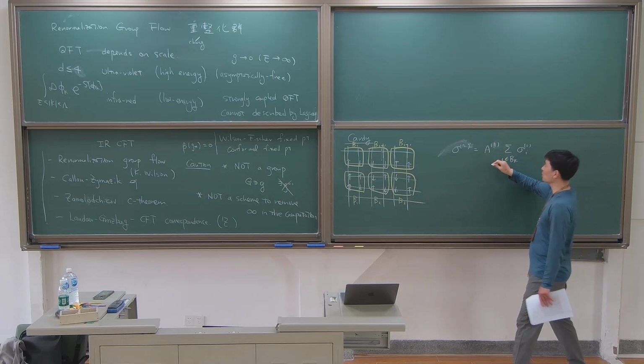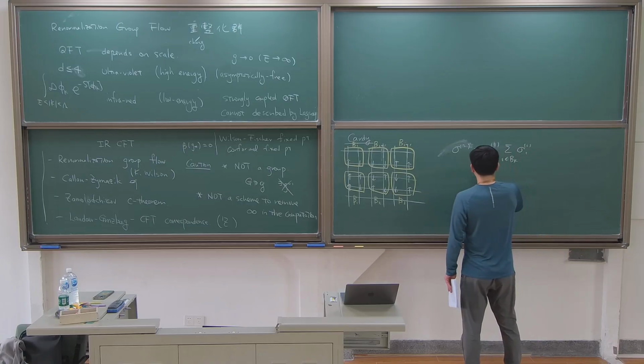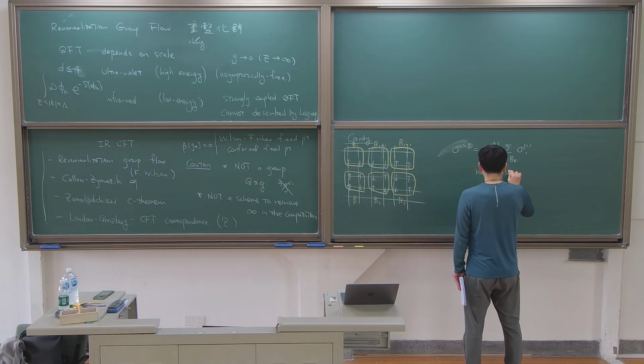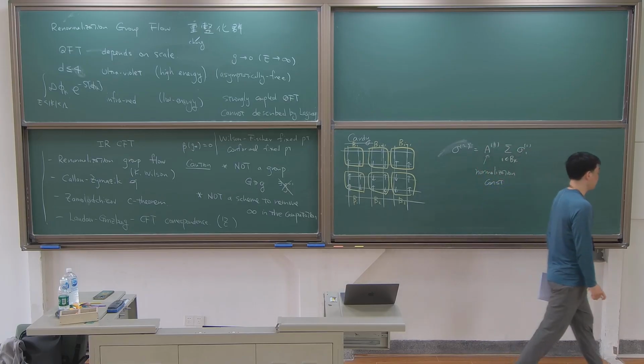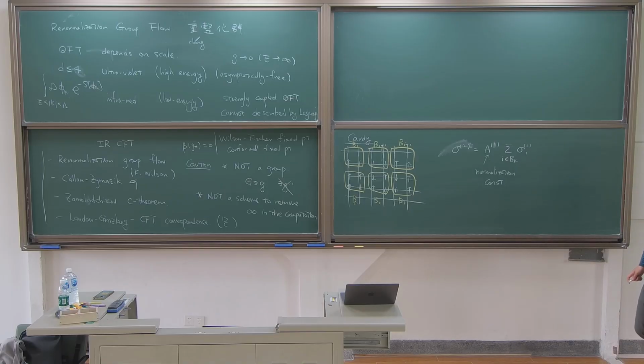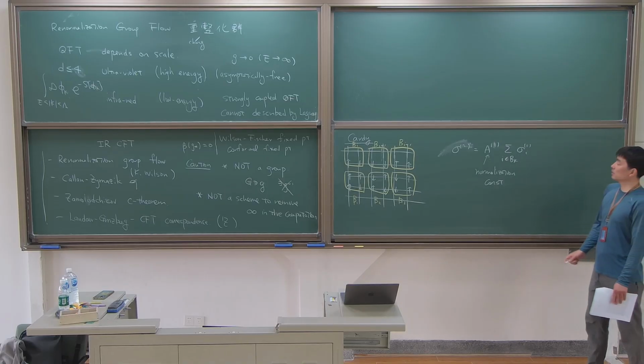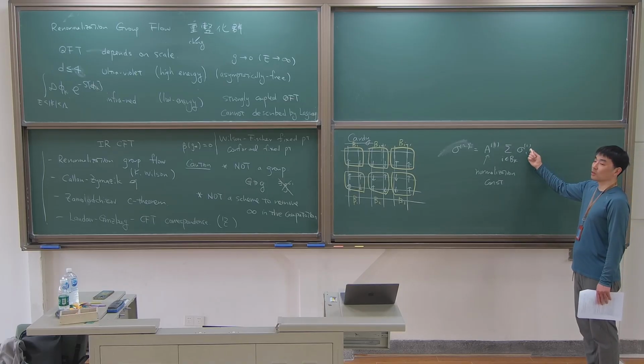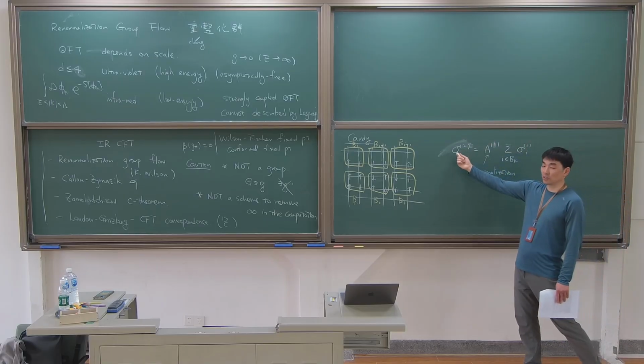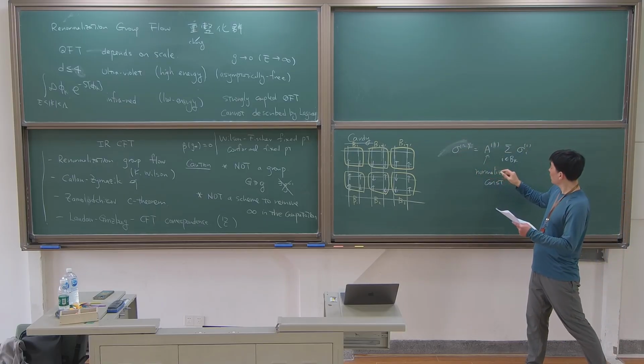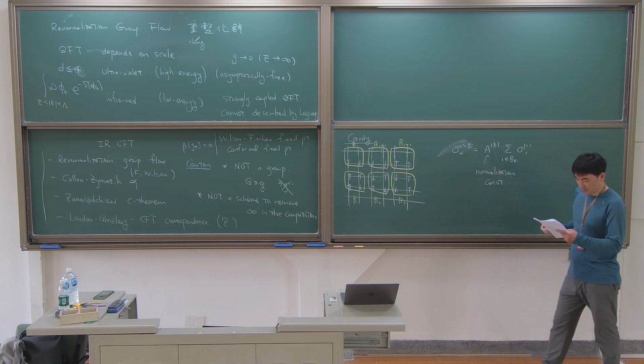So this is the normalization constant. So this takes the old spin variable to a new spin variable, which I call B sigma k.